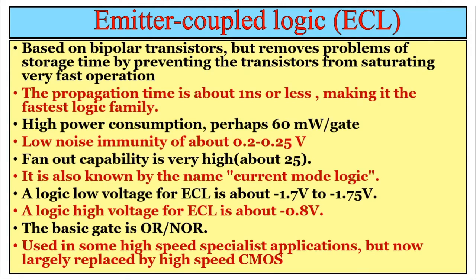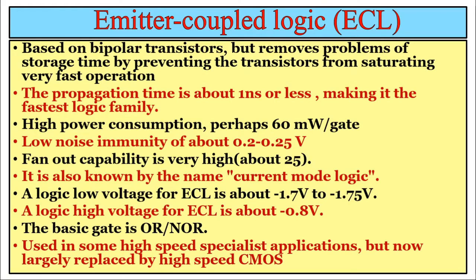A logic low voltage for ECL is about minus 1.7 volt to minus 1.75 volt, and a logic high voltage for ECL is about minus 0.8 volt. These are unusual and not compatible with TTL or CMOS logic families.